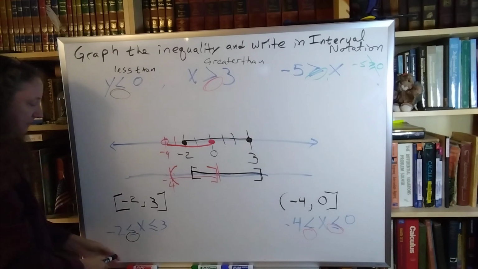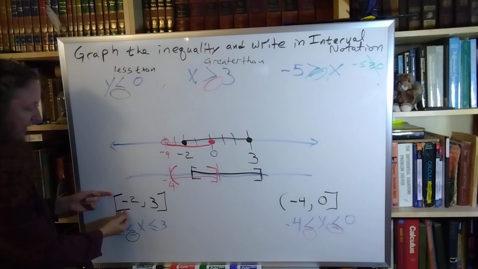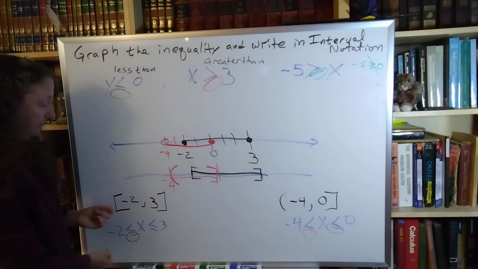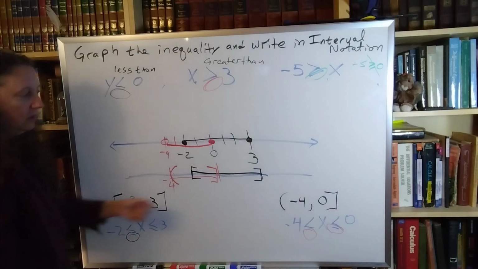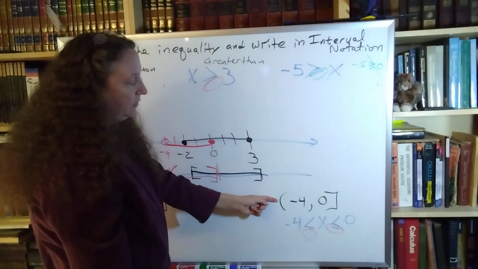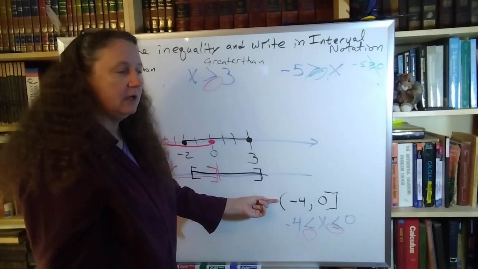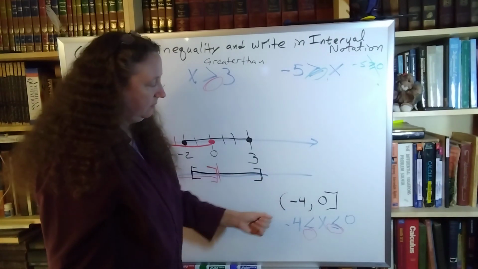So this is saying my numbers can be anything from -2 to +3, including -2 and +3. Over here, it's saying my numbers can be anything from -4 up to 0, but it does not include -4, and it does include 0.